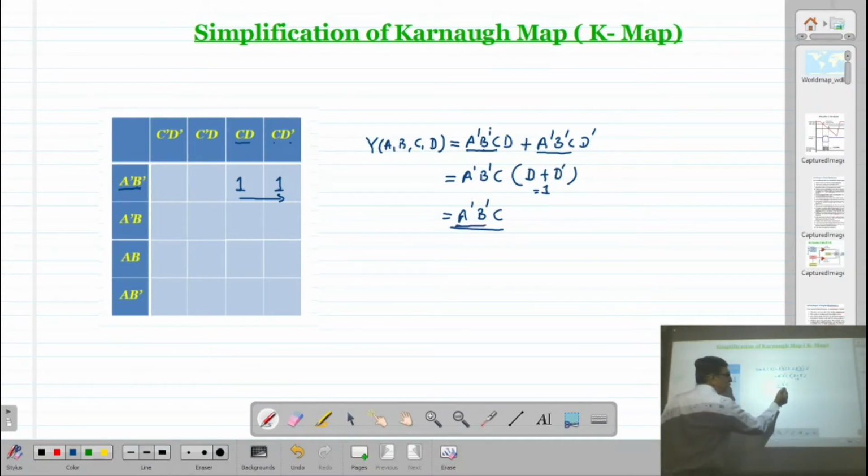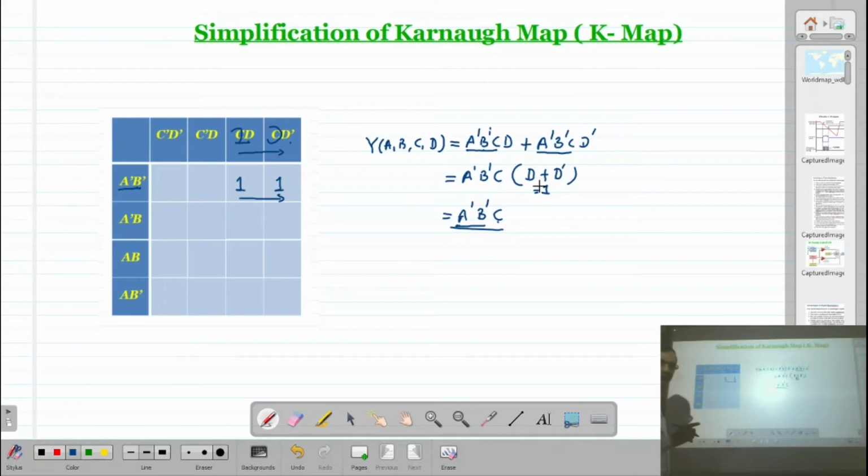Same way, when you are moving from this c d to c d prime, then the c is also not changing, but the d is going to be complemented. So here the c is remaining as it is in the expression, but the d is not present because it is going to be complemented.